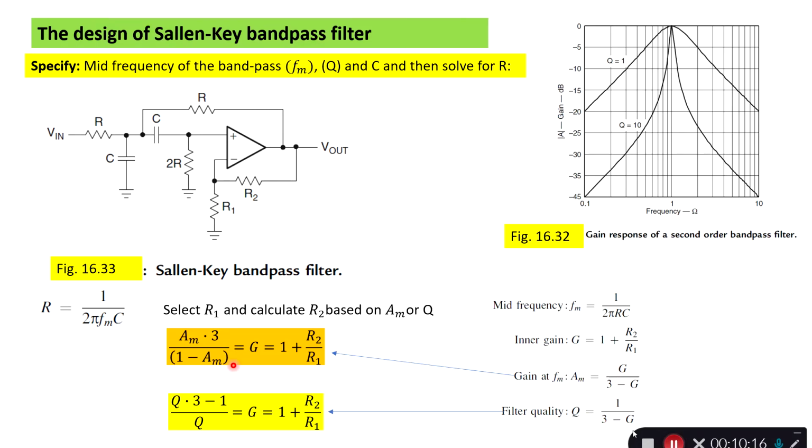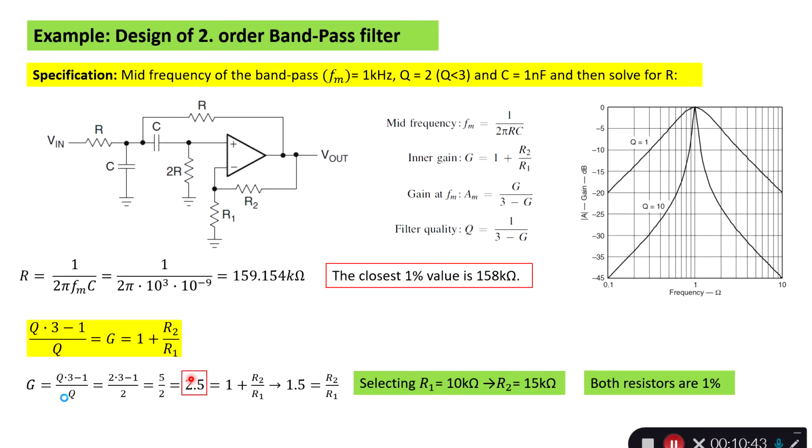So by solving for G based on the AM factor, we get this equation, and solving for G here based on the Q gives this equation. And then based on that, we can actually design our circuit. So here we have a small example on how to do that.